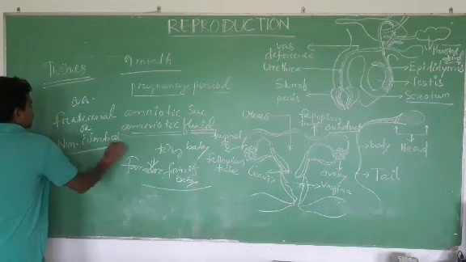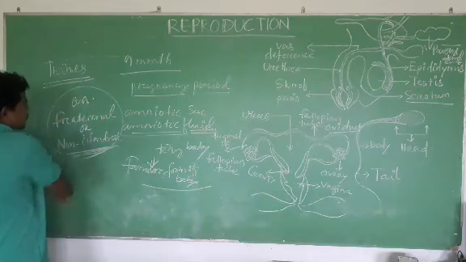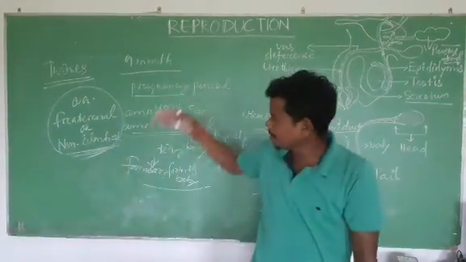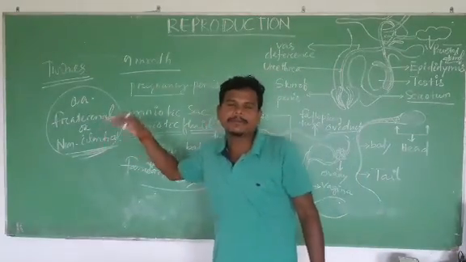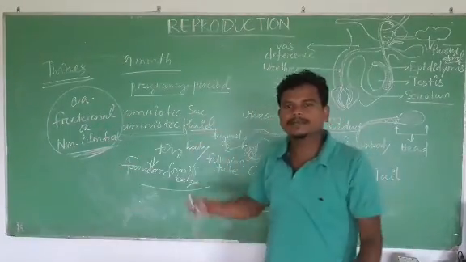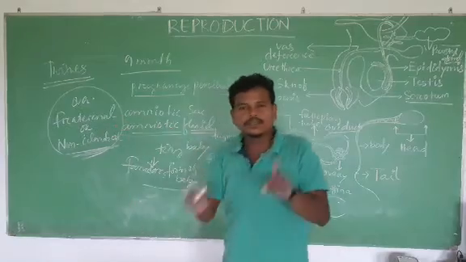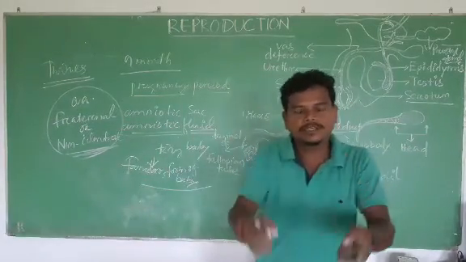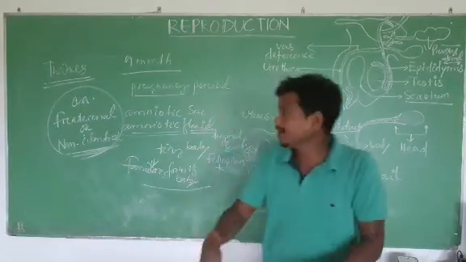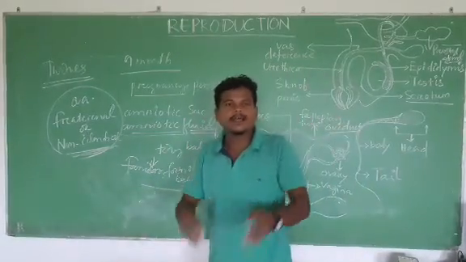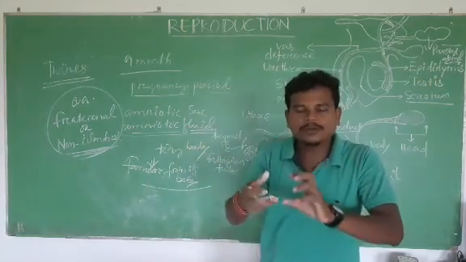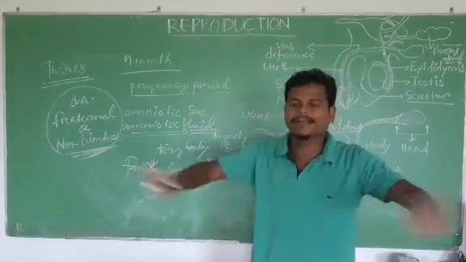Non-identical means they are not the same. Sometimes one may be a boy, another may be a girl, in the case where two sperm fused with two ova. But sometimes after the fusion of a single sperm and a single ova, after fertilization, the zygote or fertilized egg becomes divided.